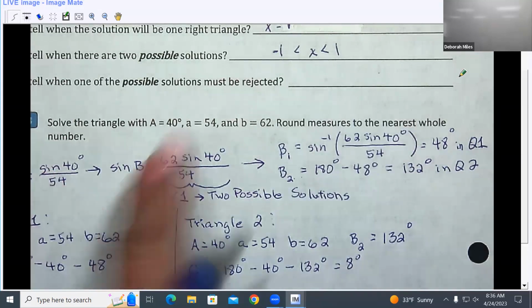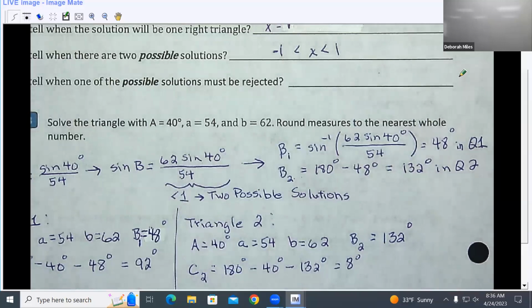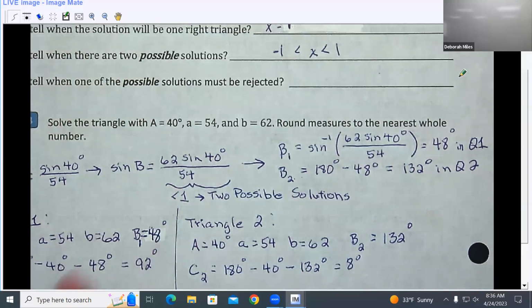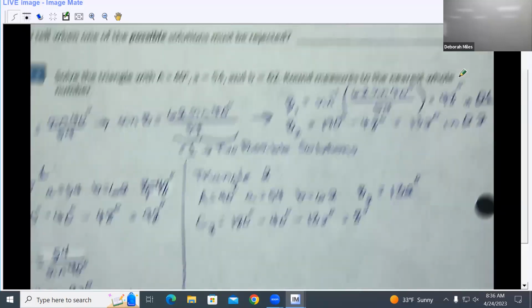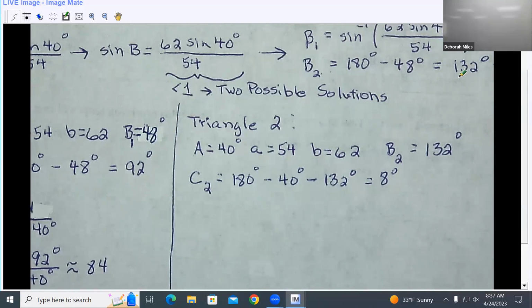In checkpoint 3, we had 2 possible triangles. One of them definitely worked out. We found all the missing parts. The other one, can you think of anything that could have happened with C2, that's angle C for the second triangle, that would have caused this triangle 2 to not be real?